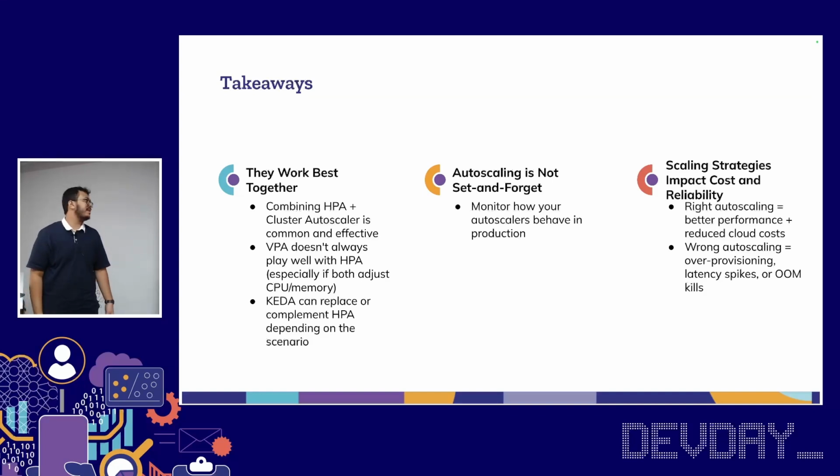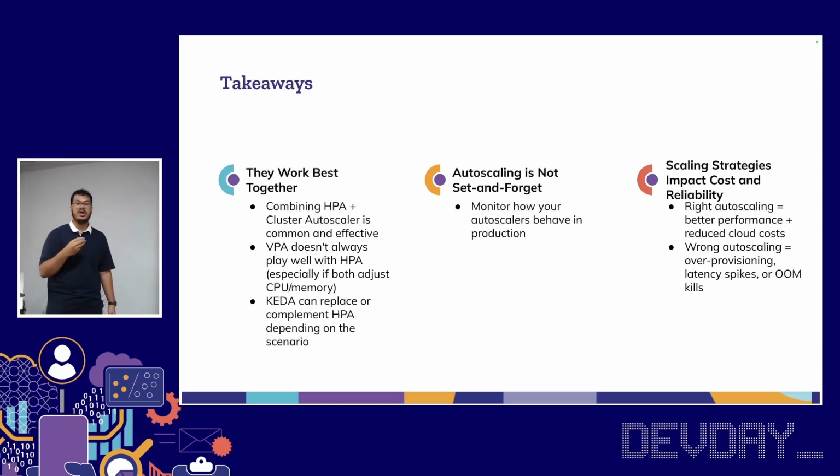And finally, scaling strategies impact cost and reliability. If you have the right autoscaling configuration, it means you would have better performance as well as reduced costs. But if you have the wrong autoscaling setup, you might encounter situations where you have over provisioned. For example, if you have HPA set up with a very low threshold, suppose 20%, it will always keep on scaling up.